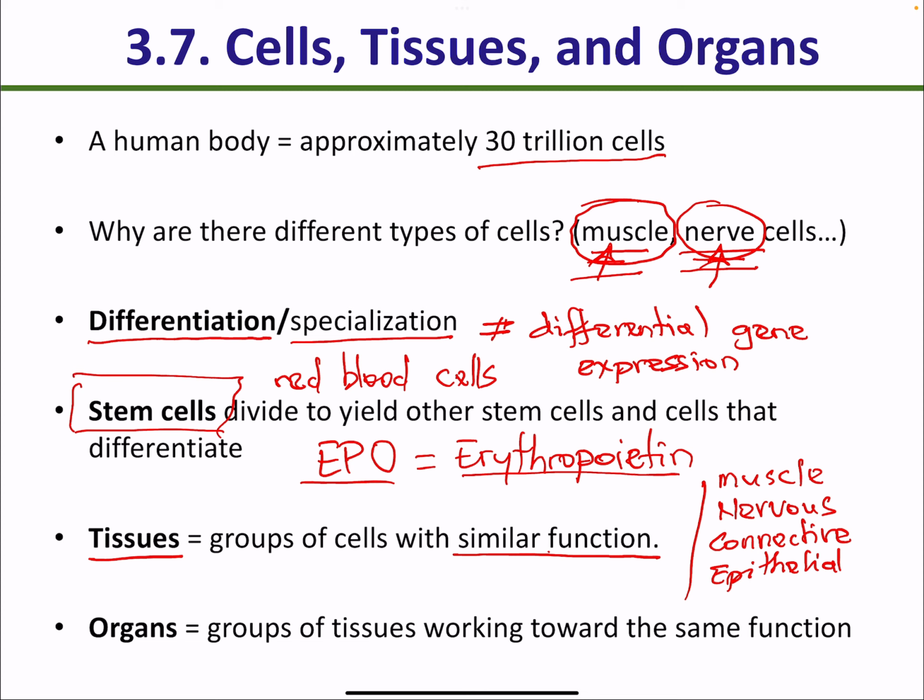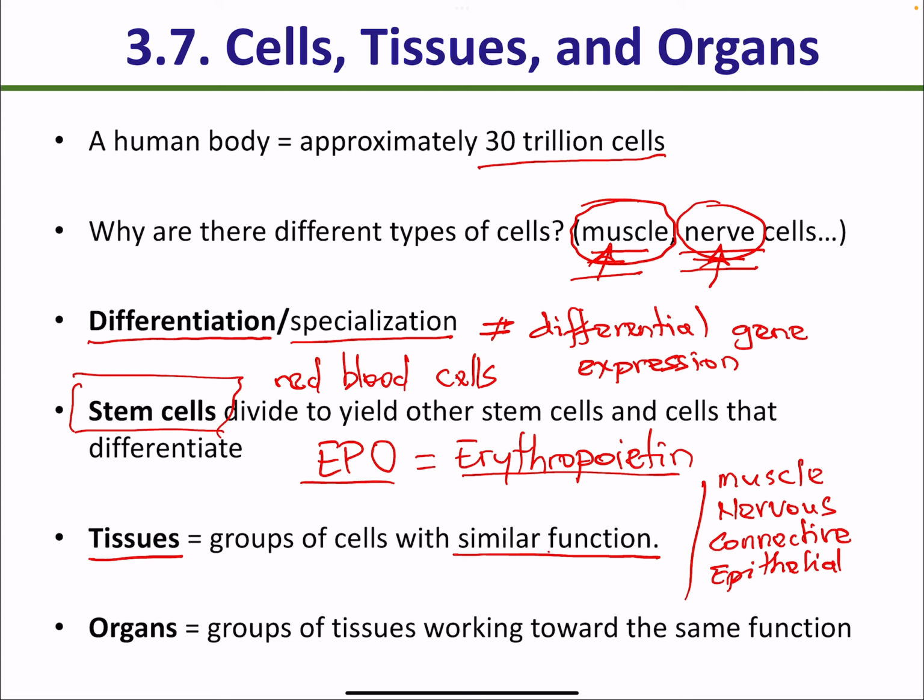Now, more than one tissue is going to come together to form organs. And these organs are going to work toward the very same function. And organs are going to come together to form organ systems. For instance, the circulatory system, the respiratory system, the digestive system, and the muscular system.